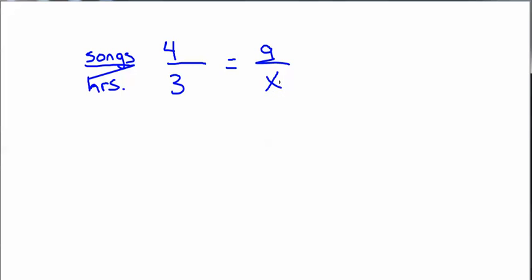That's what you're solving for, right? So you can crisscross multiply and you get 4x equals 27. Divided by 4, x equals 6.75.